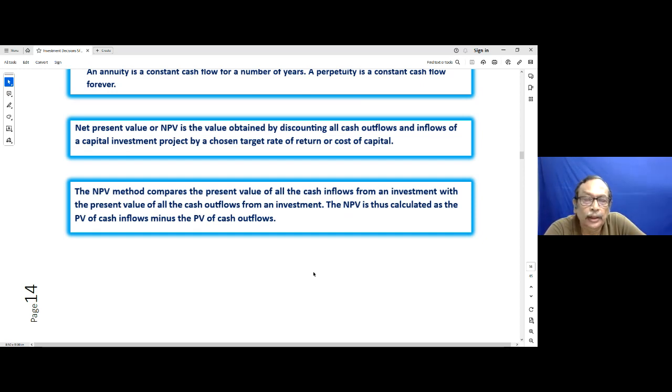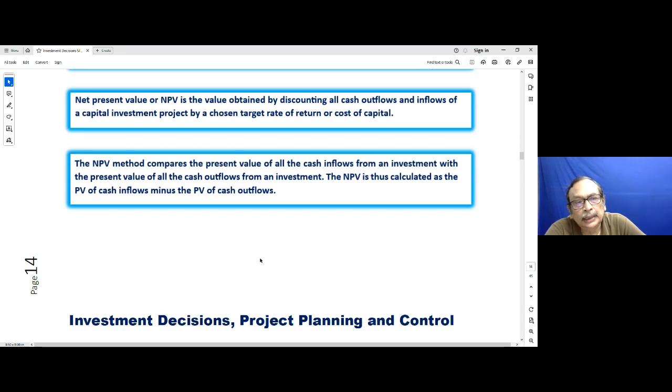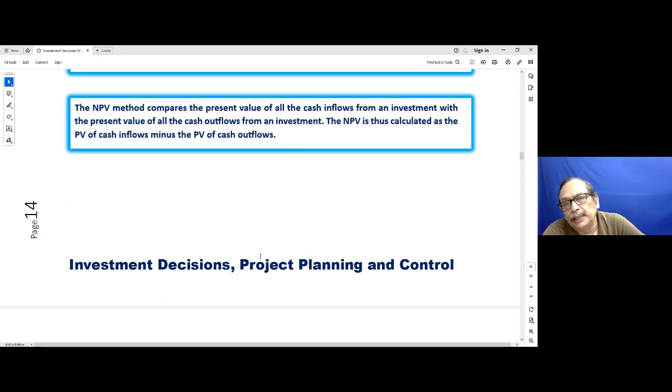This is also called the cut-off rate or financial break-even point. The NPV method compares the present value of all the cash inflows from an investment with the present value of all the cash outflows from an investment. The NPV is thus calculated as the present value of cash inflows minus the present value of cash outflows.